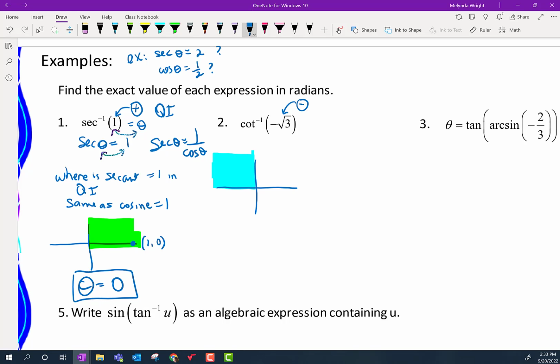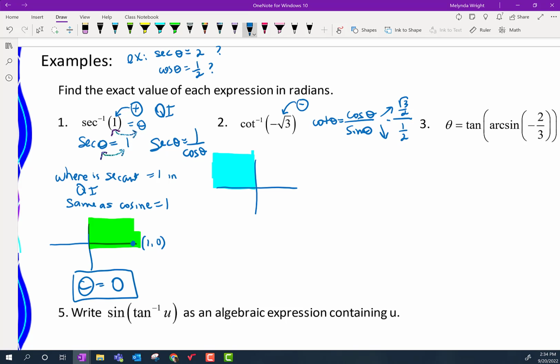Now I need to figure out, so we know cotangent, so we got some background work to do before we can actually work this problem. Cotangent is cosine over sine. And let's see, in order to create root 3, I would need my numerator to be root 3 over 2 and my denominator to be 1/2. And of course, one of those has to be negative.